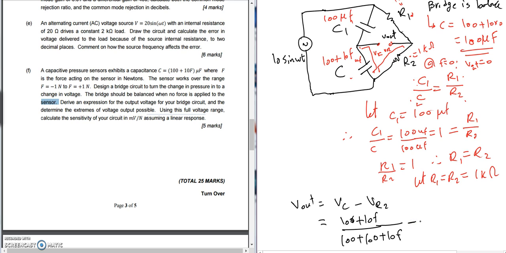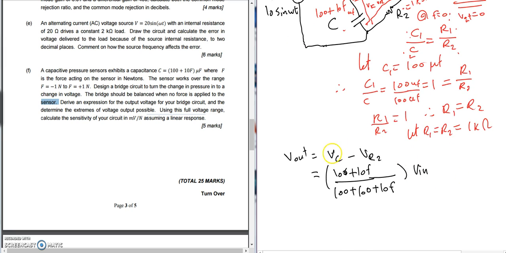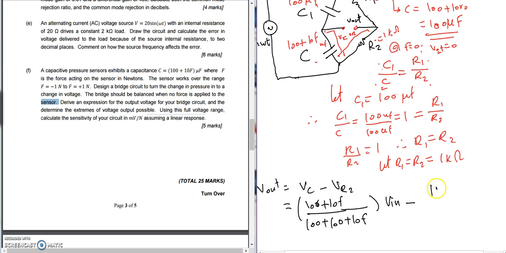multiplied by Vn. This is all VC. And now minus VR2, which in that case is 1k over 1k plus 1k, multiplied by Vn.